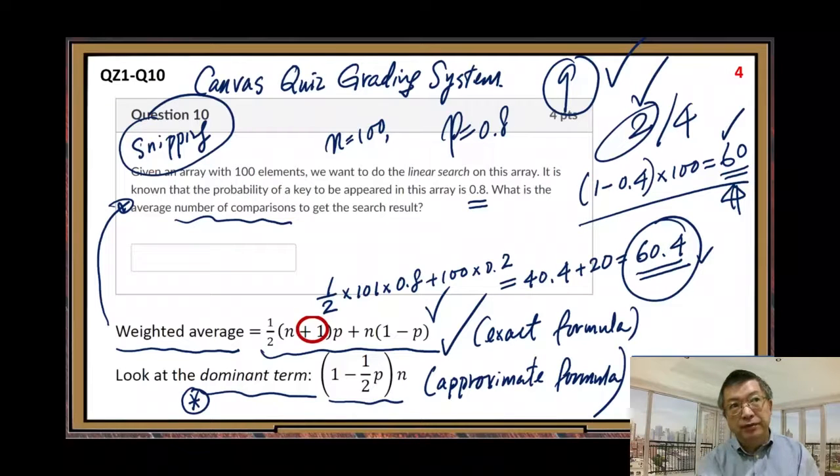Here, I want to point out the problem. Why do we take 60.4, not 60? Because when we do an average on integer numbers, we can get fractional numbers. That's normal when you talk about average.